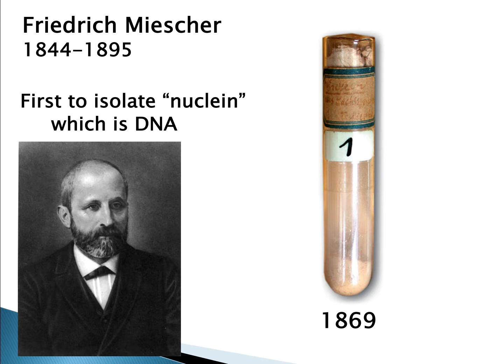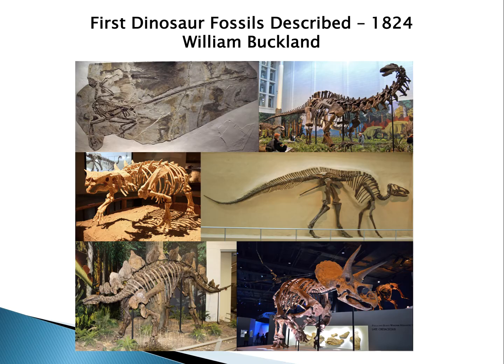So he isolated the first nucleic acids at that time, around 1869. Also, there are increasing numbers of fossils being found and described and traded, etc., so that different evolutionary patterns are beginning to emerge among some of those fossil finds.